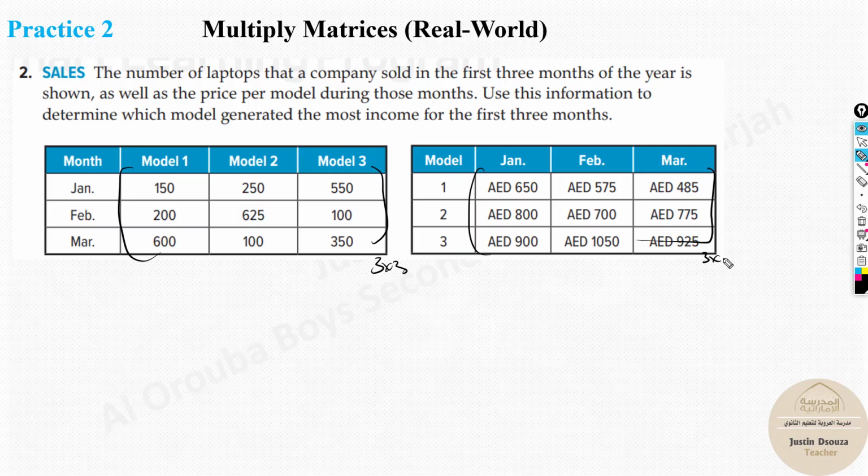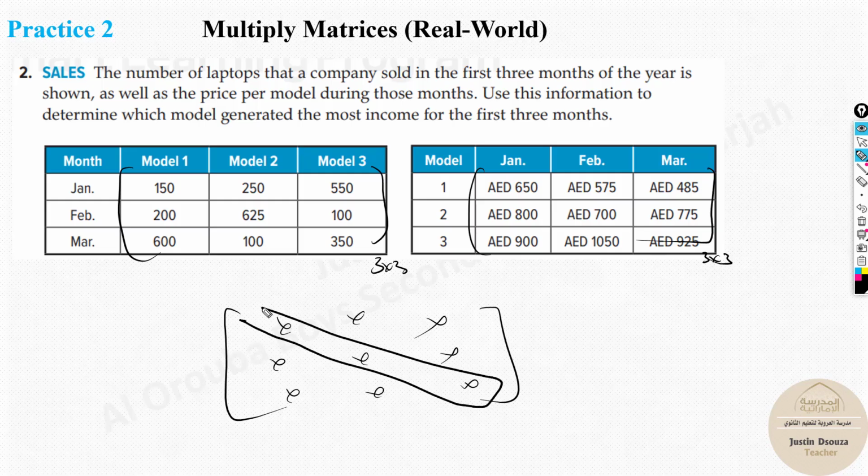You will get 9 values, right? You will get 1, 1, 1 over here. All these values you'll get. You don't need all the values. The diagonal values, these middle values are the only important values. This, and this is of main importance. Why? Because here everything is in Jan, Feb, March, Jan, Feb, March.